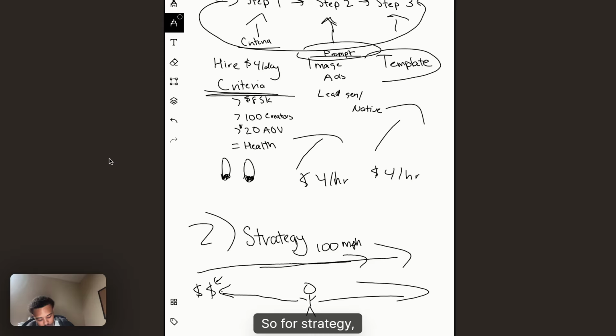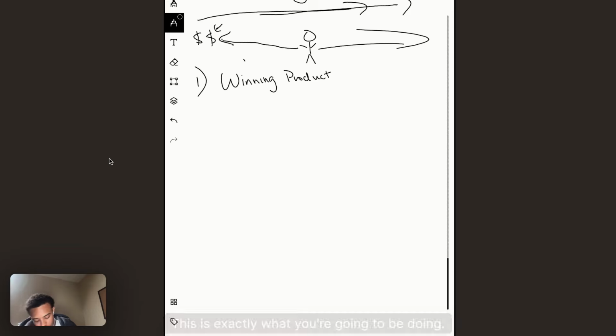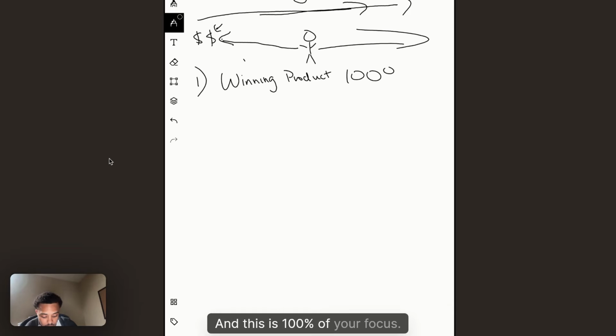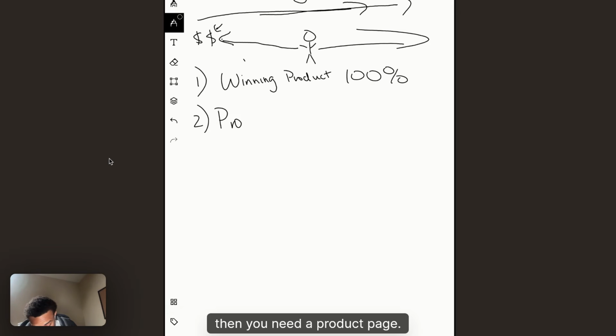So for strategy, you need to look for a winning product. Just do it step by step. You don't need to overcomplicate anything you're doing. This is exactly what you're going to be doing. Looking for your winning product. And this is 100% of your focus. Once you have a winning product or a few that you're going to test, then you need a product page.